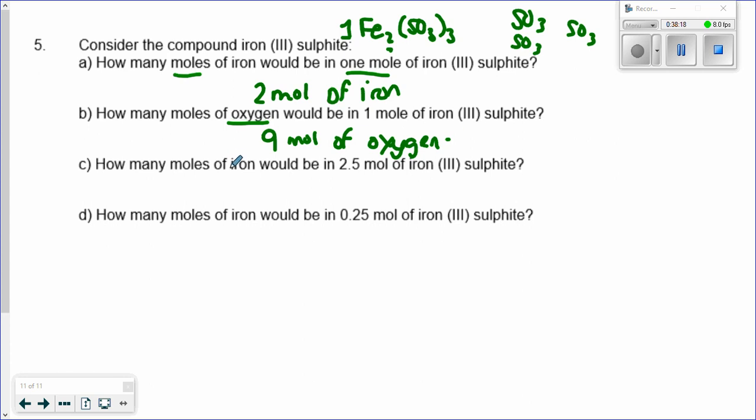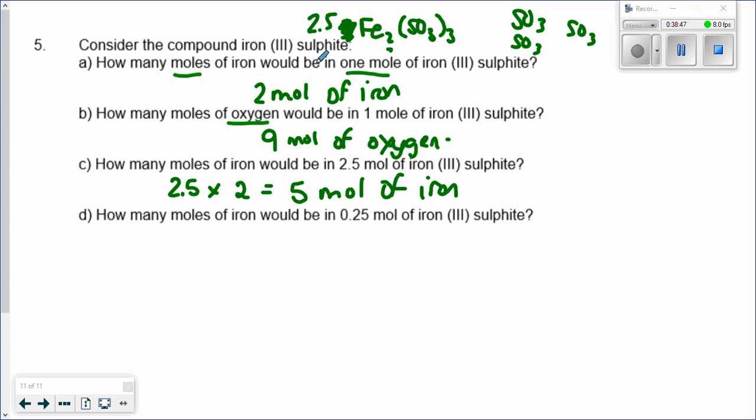How many moles of iron would be in 2.5 moles of iron 3 sulfite? Now, instead of a 1 here, we have 2.5. I know we don't balance with a 2.5, but it's saying if I had 2.5 moles of that, so 2.5 multiplied by 2 is 5 moles of iron.